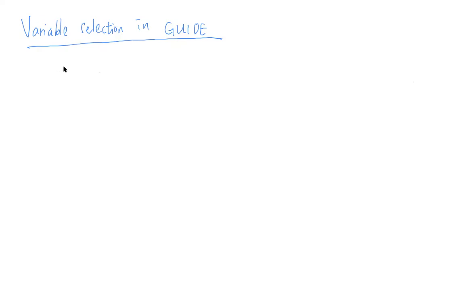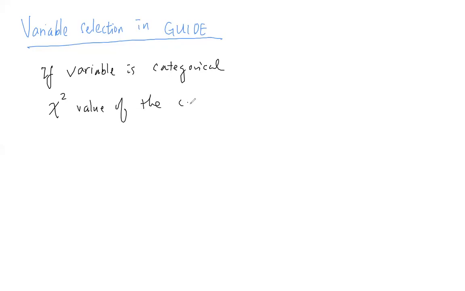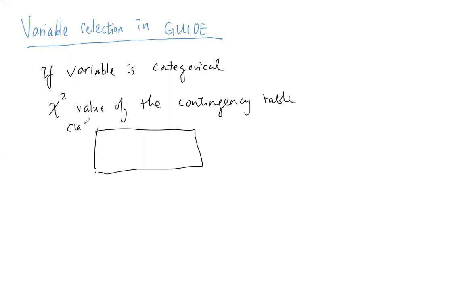Suppose you have categorical variables. If the variable is categorical, then I can find out the chi-square value of the contingency table. So this is your class, let's say plus minus, and these are your levels, category 1, category 2, and so on. Then you can have a chi-square value for this table.